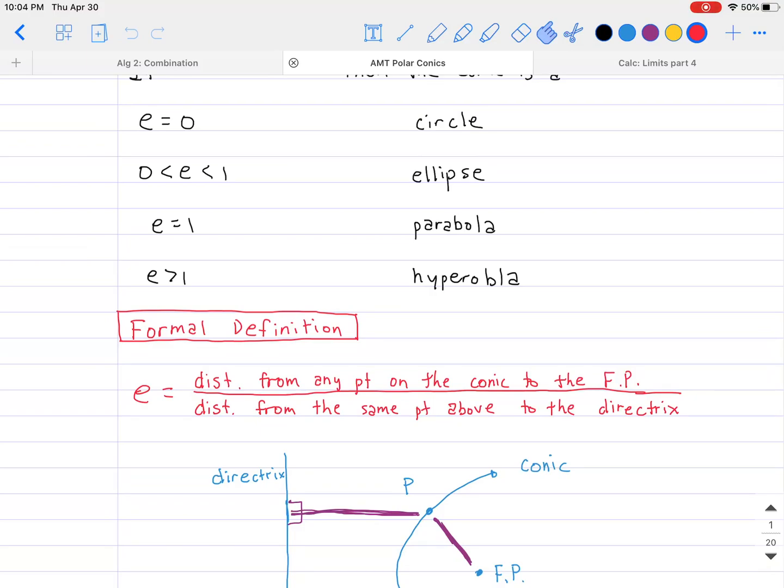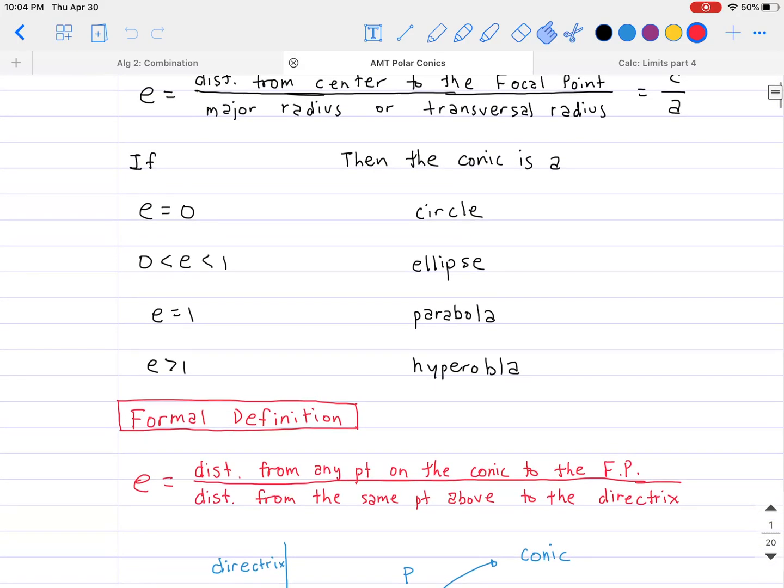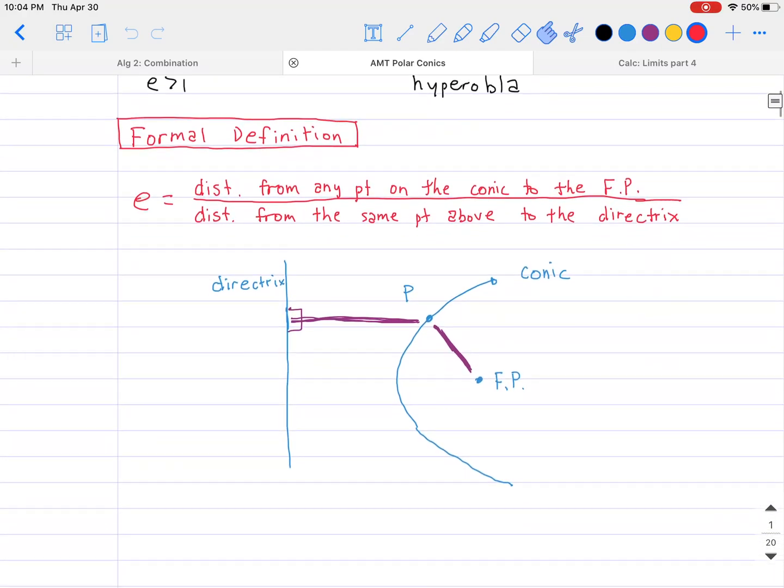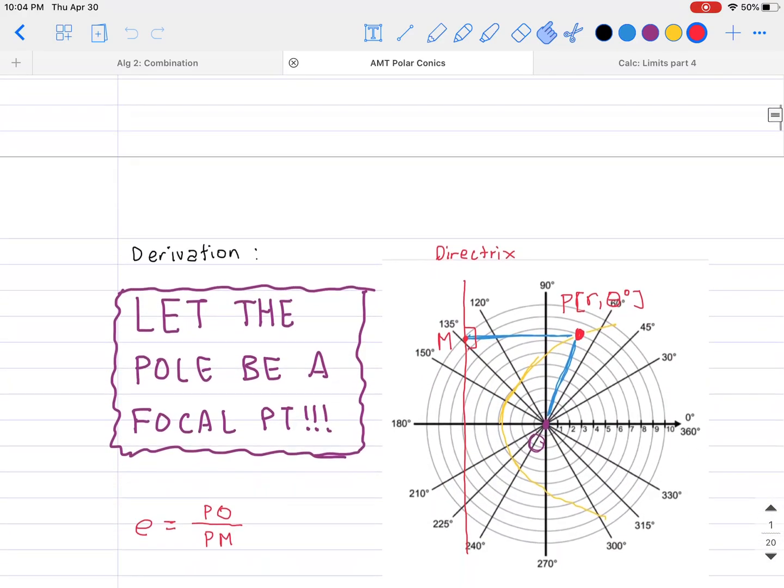If e is equal to 0, it's a circle. If e is between 0 and 1, it's an ellipse. If e is equal to 1, it's a parabola. And if e is greater than 1, it's a hyperbola. That part we still hold. It's just that now we're using a more formal definition, so you can utilize eccentricity a lot better.